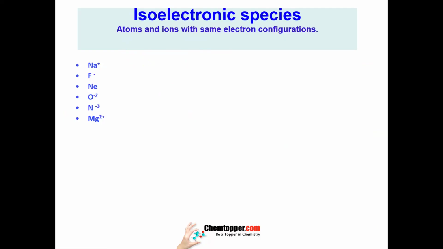Now we are learning isoelectronic species, a very important term. Iso means same. Electronic means electronic configuration, same number of electrons. So these are the ions with exactly the same number of electrons. Can we see how? Na plus. How many electrons are there? Check the periodic table. How many electrons are there in sodium metal? And if I put a plus charge, then how many?